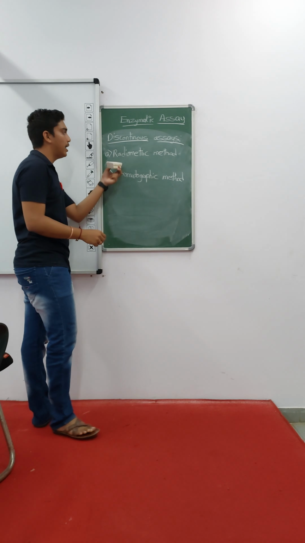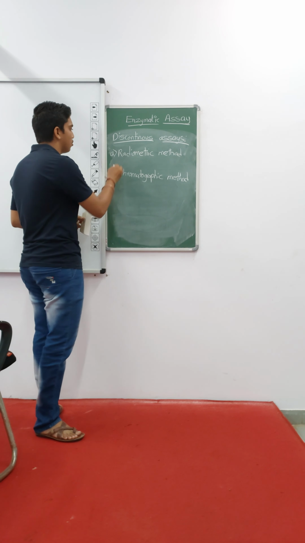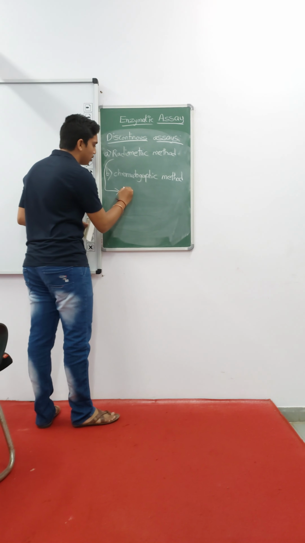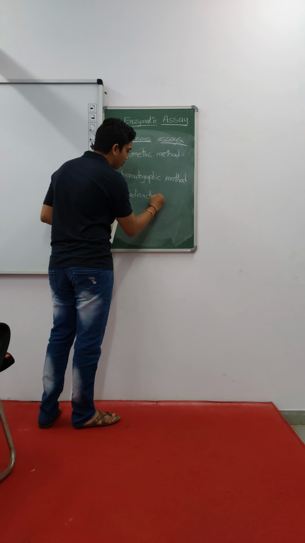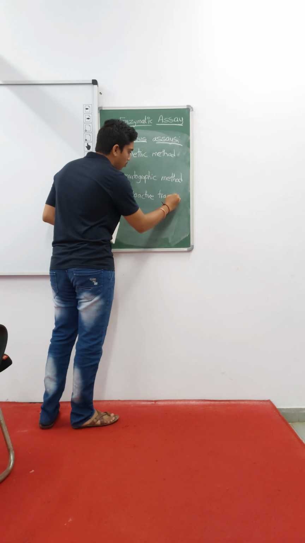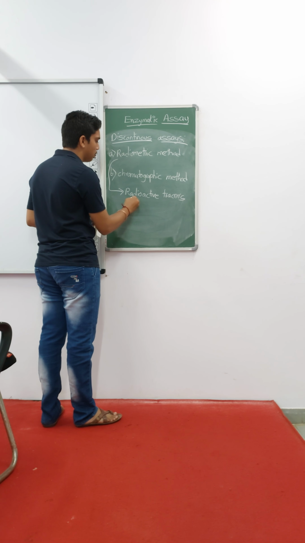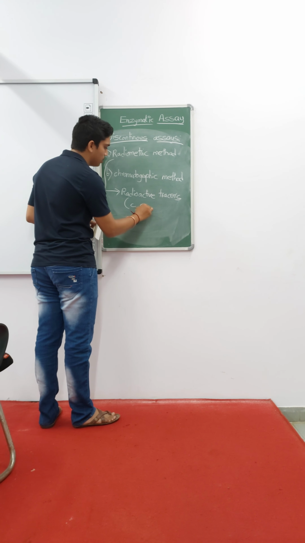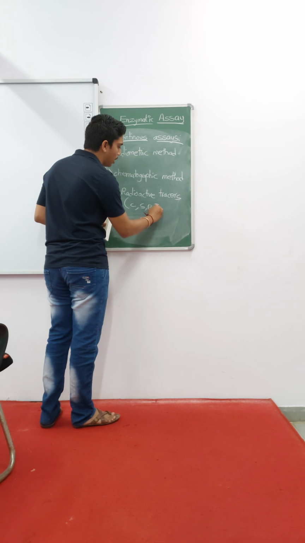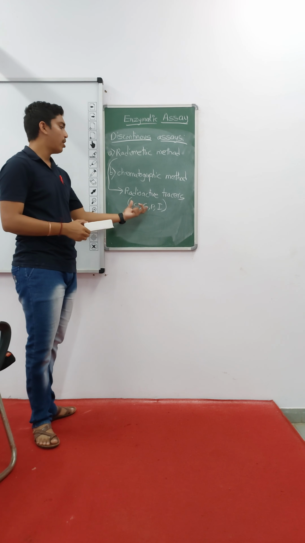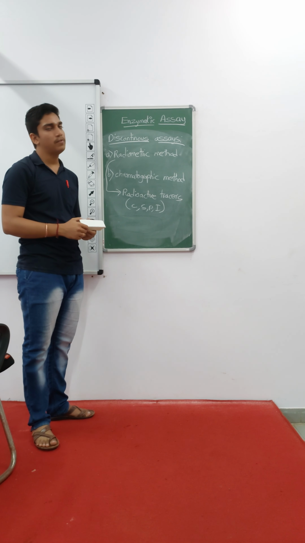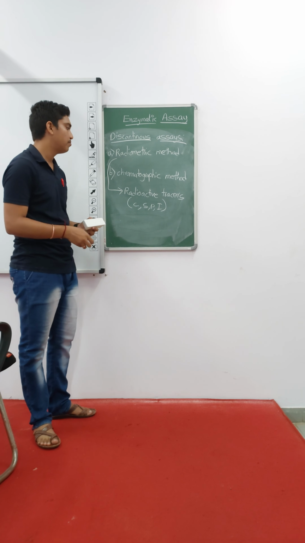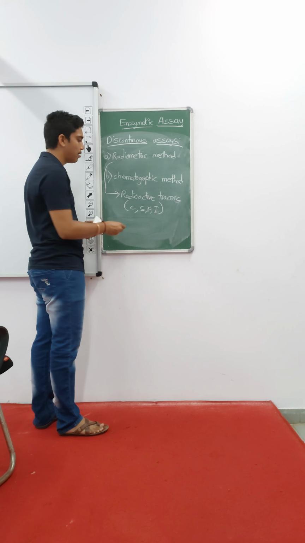In the first one, the radiometric method, what we will be using are radioactive tracers. These radioactive tracers we will use of carbon, sulfur, phosphorus and iodine. These elements, as tracers, we will be using for the determination of the concentration in the reaction, meaning how fast the reaction is happening.